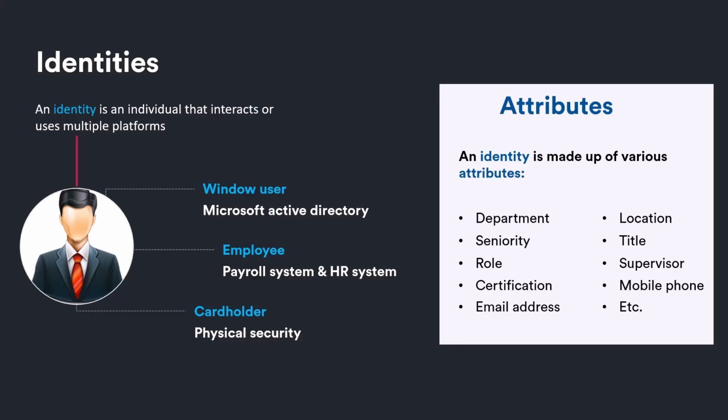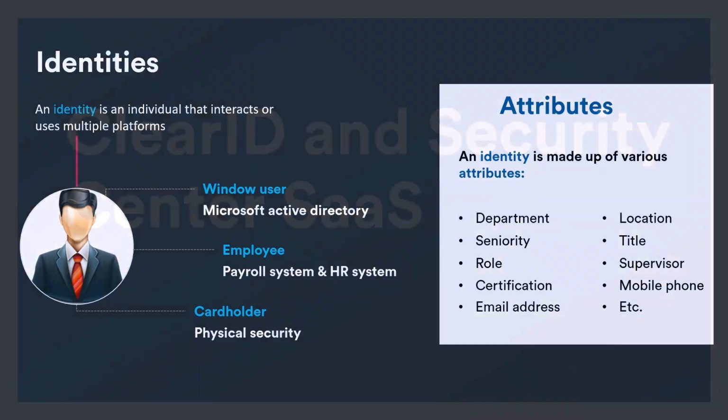They point to you as an individual. Collectively, they make up the identity. With ClearID, access rights are continuously updated based on predefined policies or access rules, identities or cardholders, and their attributes, traits, or properties.